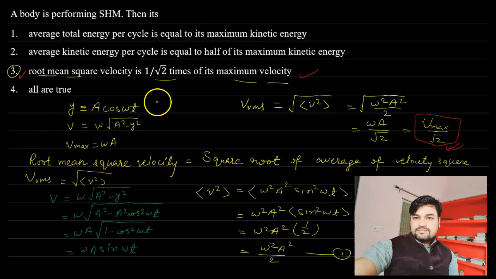Now let us verify the second statement: average kinetic energy per cycle is equal to half of its maximum kinetic energy.